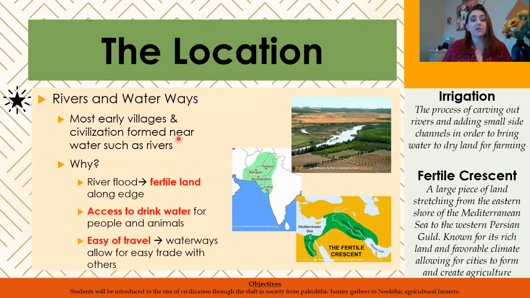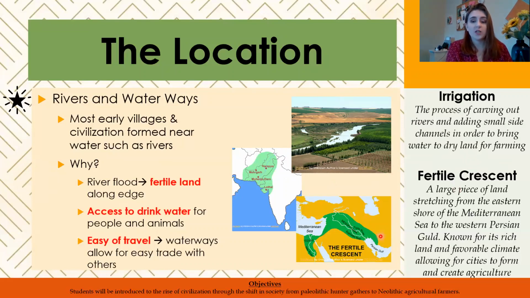And finally, ease of travel. Waterways allowed for easy travel up and down, as well as through the different close natural seas and bodies of water. All of this would take place in an area called the Fertile Crescent.